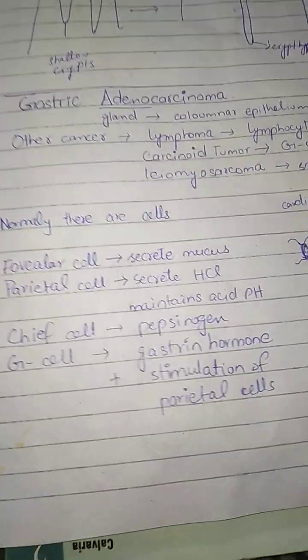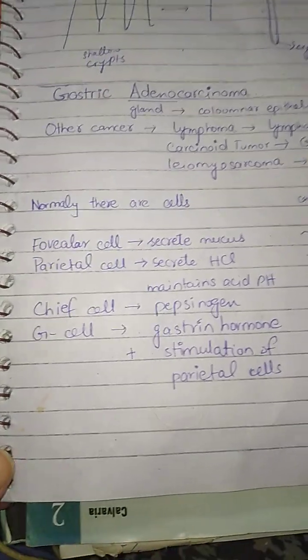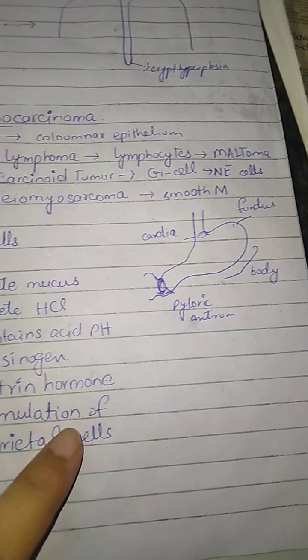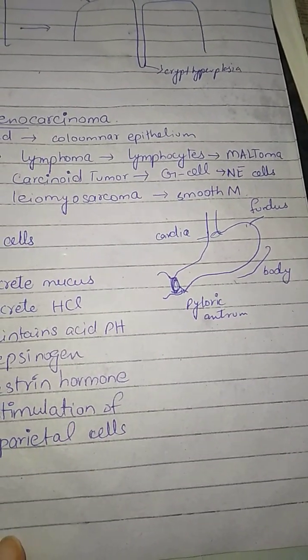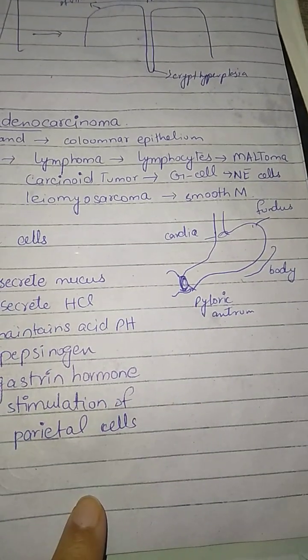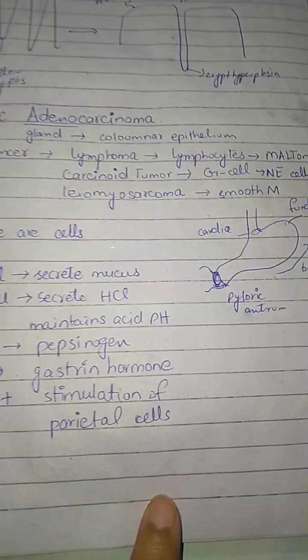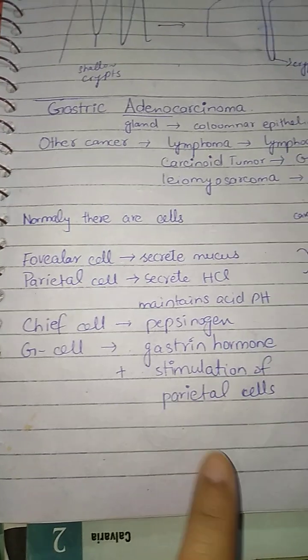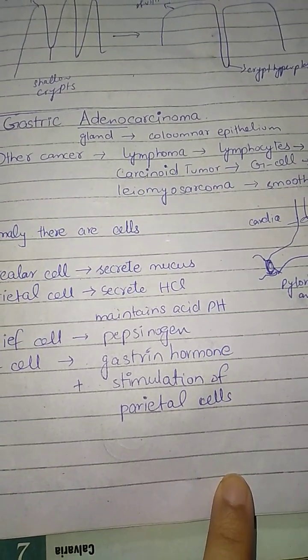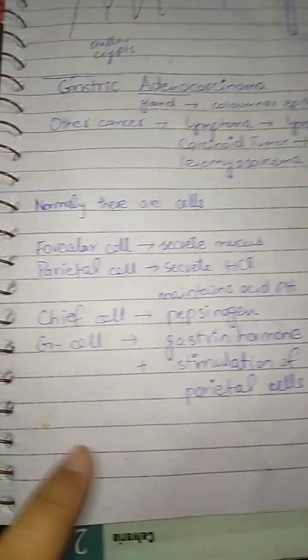Now, before discussing that, we should learn the normal anatomy of the stomach, that it is 4 parts: the cardia, fundus, body, and the pyloric antrum. The whole stomach is lined by the columnar epithelium in the mucosa, and then comes the submucosa, and then comes the adventitia.